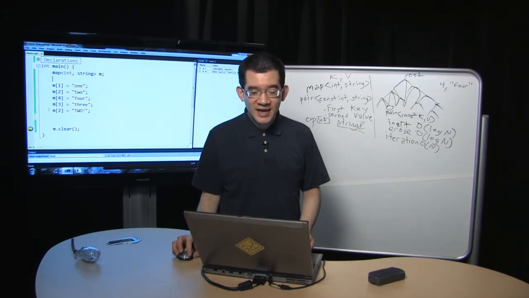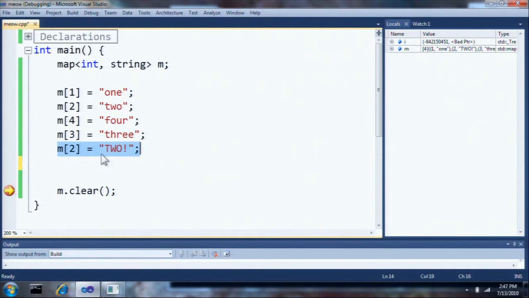This is what lets me say down here, m[2] equals "2!". Because this element already exists in the map, I get a reference to it, and I can refer to the value part in place in the data structure. If it does not yet exist, for example, here, when I said m[4] equals "4", the map says, oh, you tried to access a key and it doesn't exist. I'm going to create one for you.